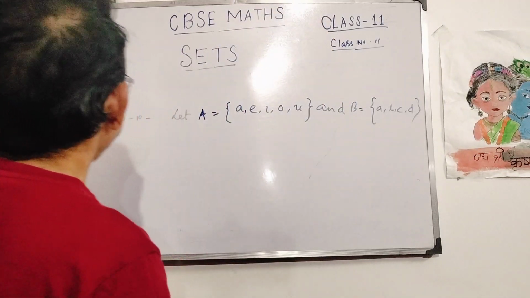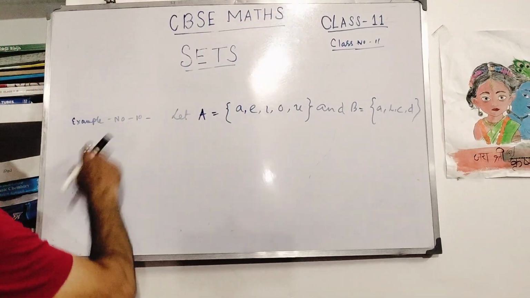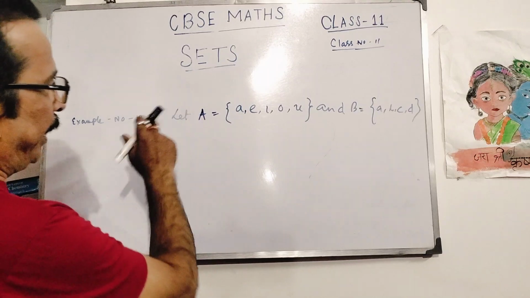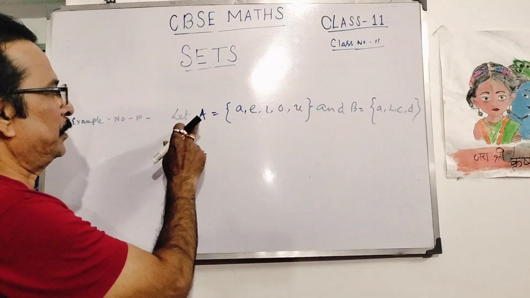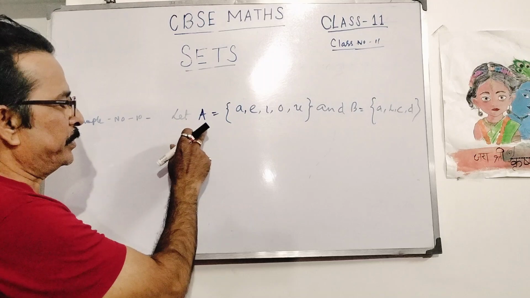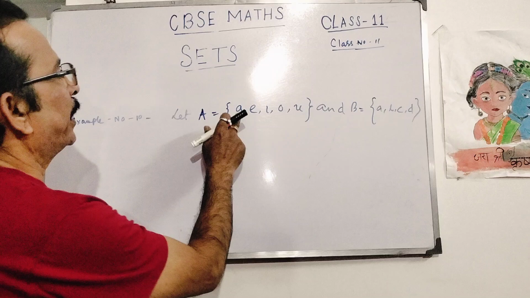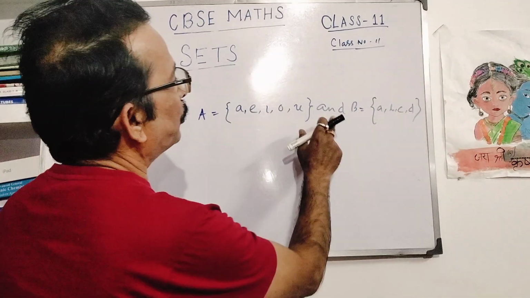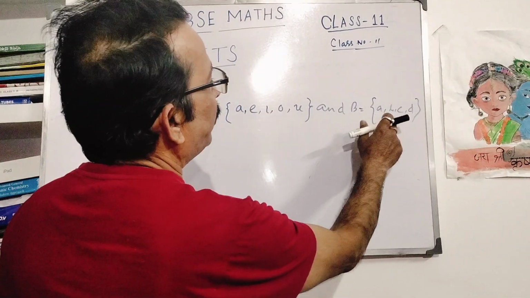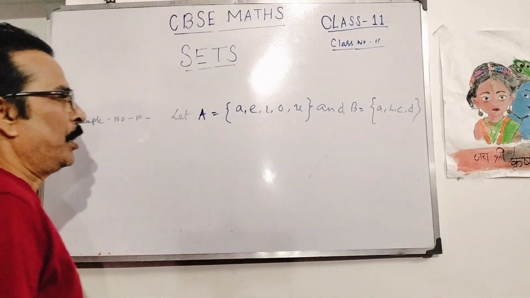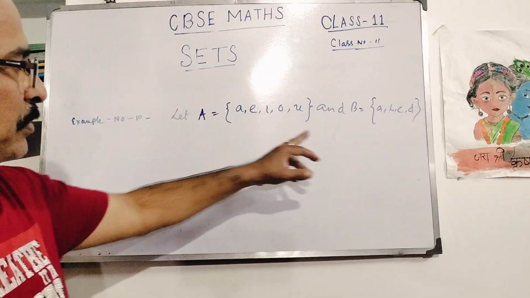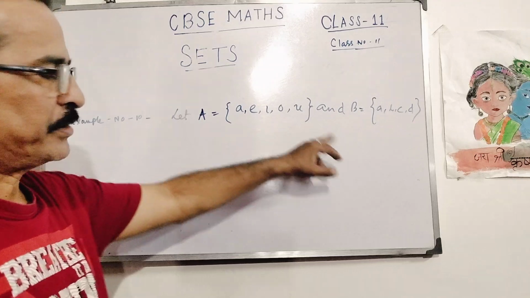Now, example 10. Let A be the set whose elements are A, E, I, O, U, and B the set whose elements are A, B, C, D. What is the difference?